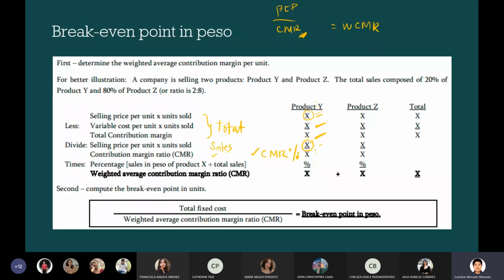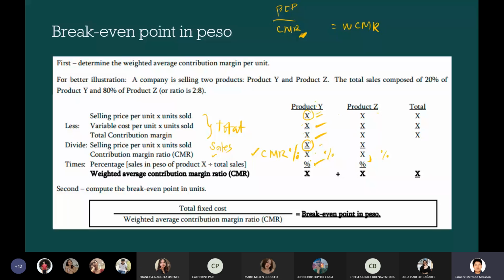So, ito po yun. Times percentage of sales, which is sales in peso per product divided by total sales. Or 20%, 80%. Pag na-compute mo na yun, ang sagot po dito ay percentage.